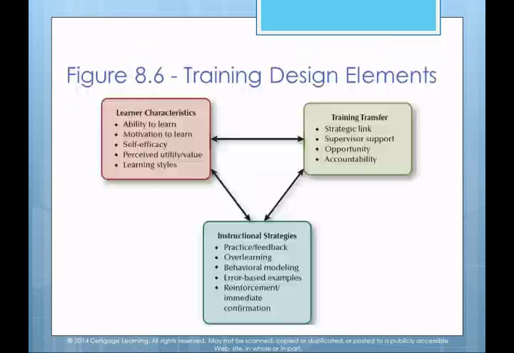And then training design elements. This is really looking at the learner, the training transfer, and the instructional strategies. So, learner characteristics: do they have the ability to learn? Do they have the motivation to learn? Do they have self-efficacy, perceived utility and value, and learning styles?